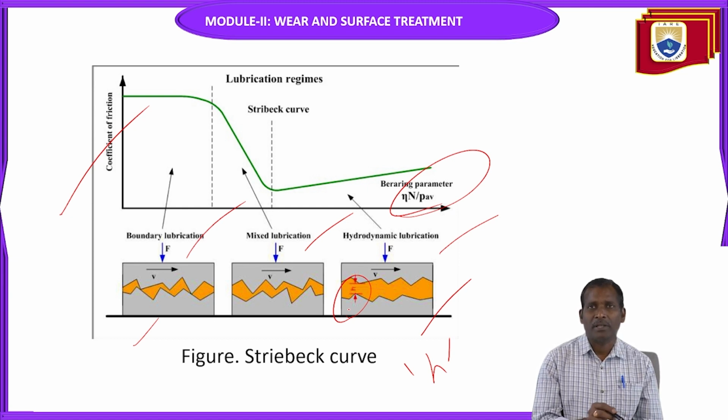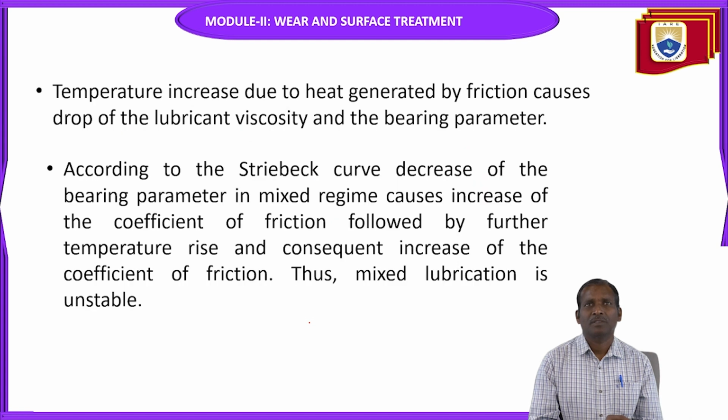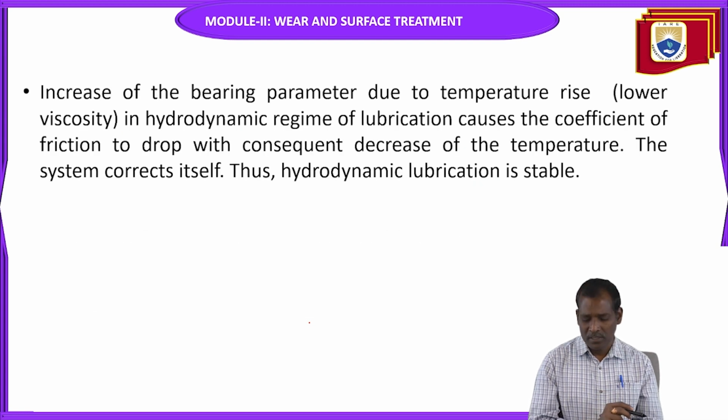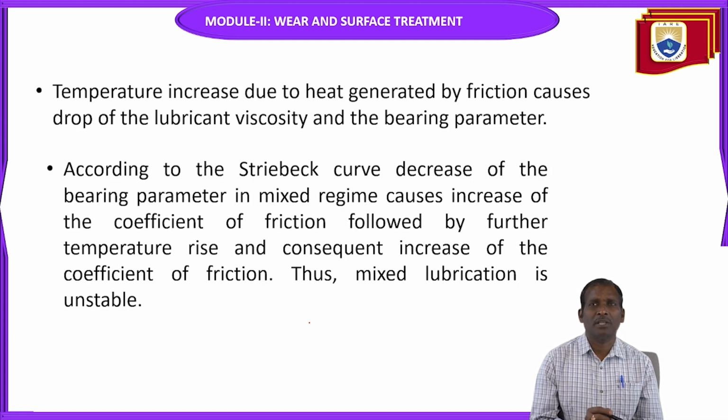Whenever force is loaded on the bearing or rotating parts, you can see the variation of lubrication in this figure. The temperature increase due to the heat generated by friction causes a drop in the lubricant viscosity and the bearing parameter.